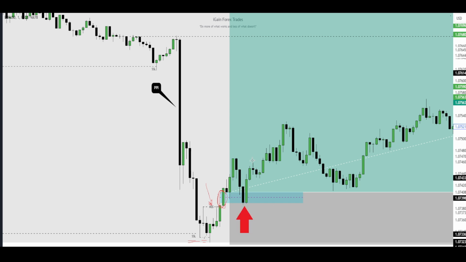There you go. And then my first TP was this high. So that's exactly a 1:3 risk reward ratio. And then my final TP was the previous day high above.